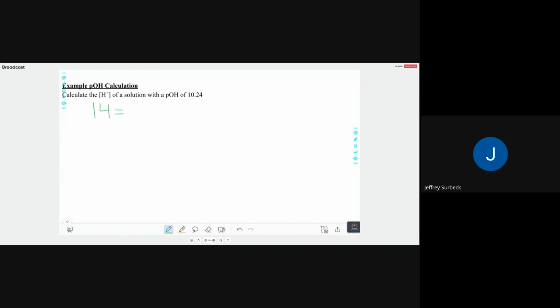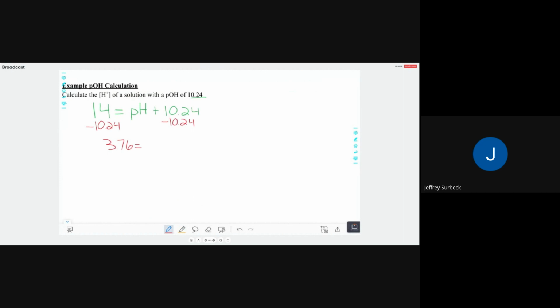No, so we leave that as the pH plus the pOH, which is given as 10.24. The first thing I'm going to ask is, how can I get the pH by itself? We can subtract. Let's use red. We're going to subtract 10.24 on each side. So 14 minus 10.24, somebody correct me if I'm wrong, should be 3.76, right?